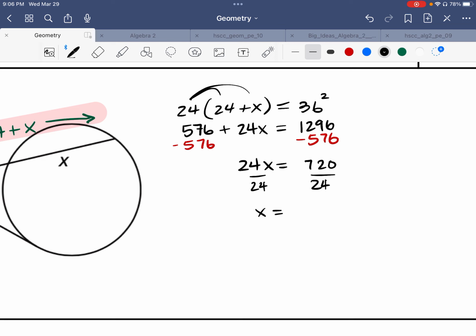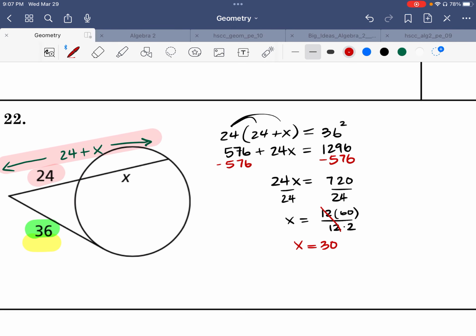I don't know off the top of my head, but I know that 12 times 60 is 720. 12 times 6 is 72. And I know that 24 is 12 times 2. So this is me canceling without a calculator. The 12s cancel out, and then I get 60 divided by 2. In other words, half of 60 is 30, and we now solve that x is 30.